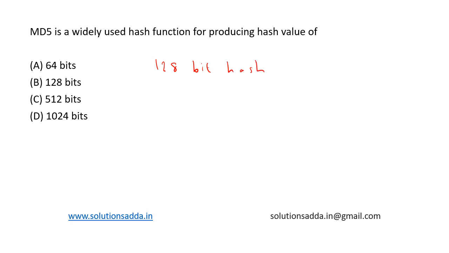Although MD5 was initially designed to be used as a cryptographic hash function, it has been found to suffer from extensive vulnerabilities. But still, it can be used to verify the checksum, as it can be used for identifying data integrity, but only against unintentional corruption. So, based on the options, option B, 128 bits, is the correct answer.